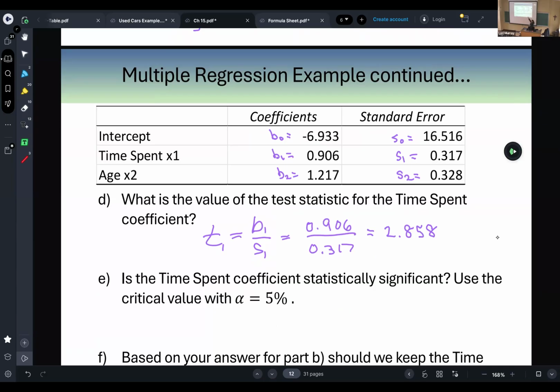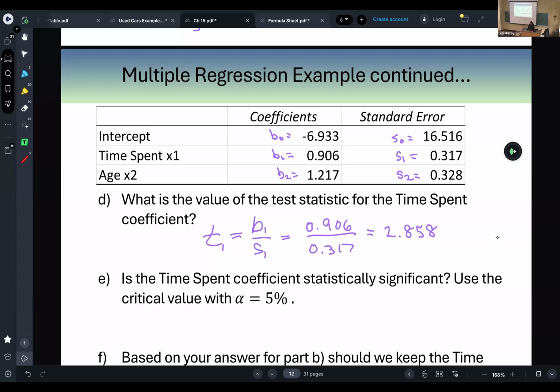So we still have to check and make sure it's still significant. If it's not, then we throw it out. We don't use it. This is how these relationships all work together. They may work together, or the age might bump it out. So you never know what you're going to get.